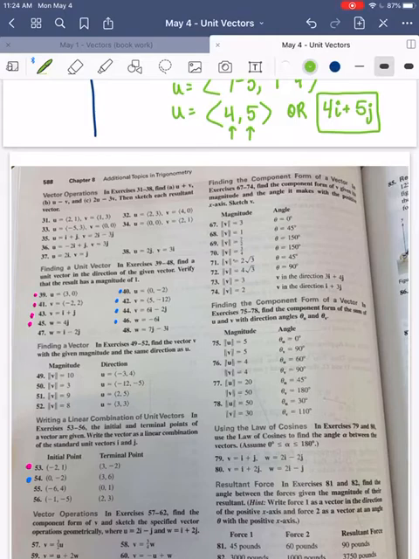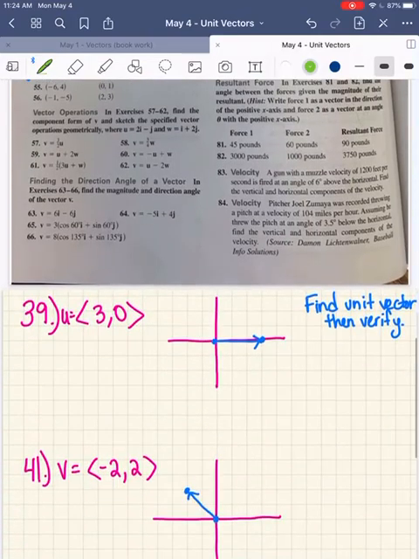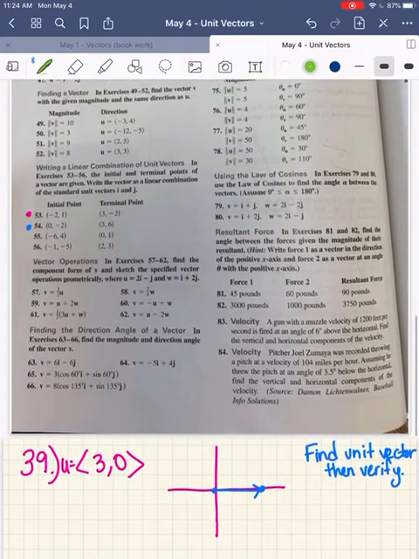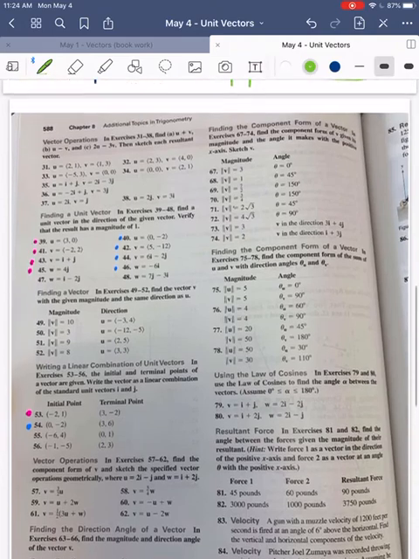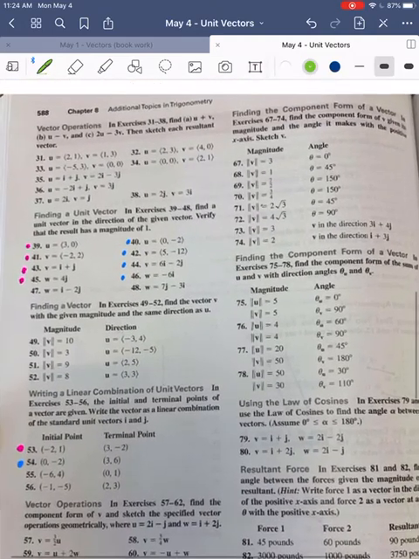Okay? Now, I've already drawn them just to save us a little time so you didn't have to wait and watch me. But let's take a second to read the directions. It says, in 39 through 48, find a unit vector in the direction of the given vector. So we want to basically do that scaling back thing.